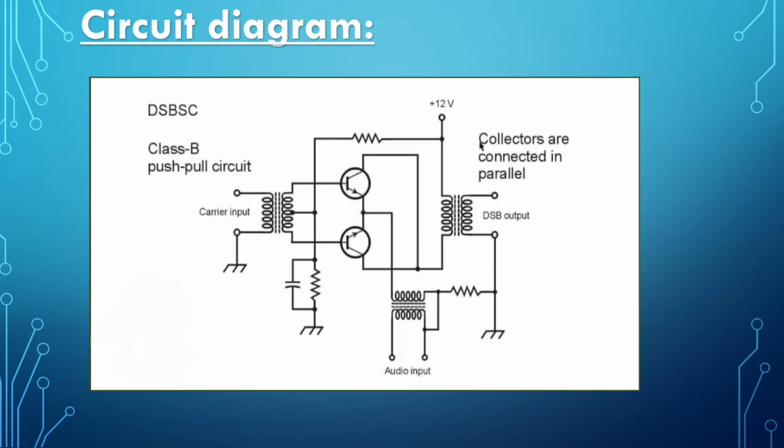Let's see the circuit diagram of it. Here is the circuit diagram of balanced modulators. Here we see a push-pull circuit. Carrier input is at the beginning of the circuit, and we get the DSB output, and also have an audio input. Collectors are connected in parallel.